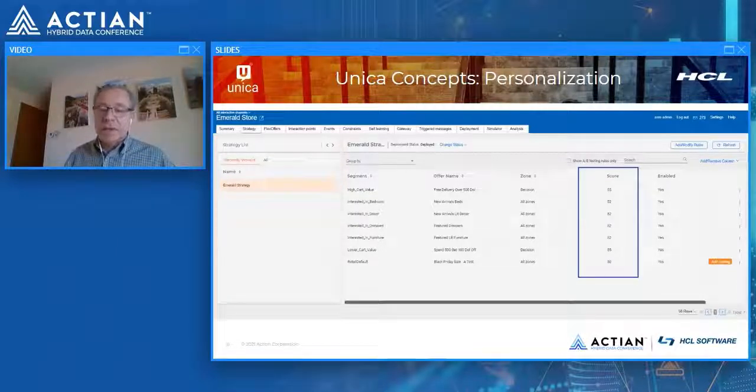When an offer is presented to the customer, Unica writes a record in the contact history. When the customer responds to an offer, clicks on the web banner, opens an email, completes a purchase, Unica writes a record in the response history. And combining those two tables is the foundation for effectiveness analytics within Unica.